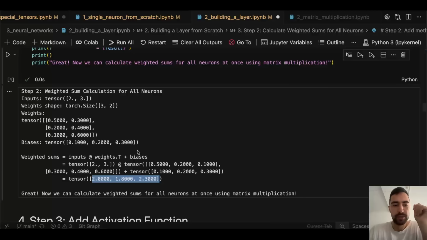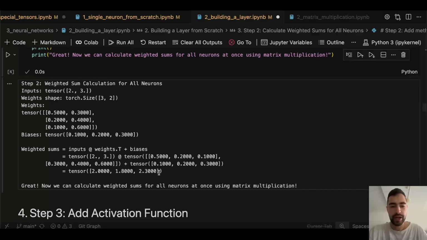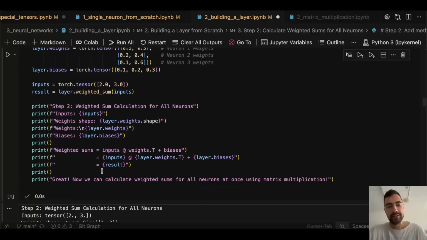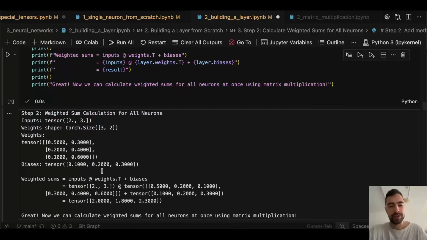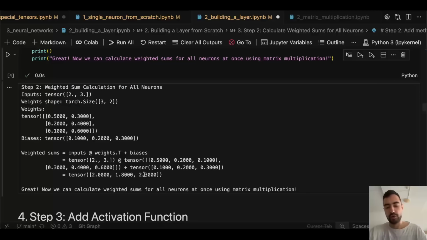You know, we are multiplying 1 times 2 matrix of inputs times 2 times 3 matrix of weights. So the result will be 1 times 3. So this is matrix multiplication. So you have these 3 neurons that you get as a result. So again, I recommend you try this out yourself, change some numbers, try to understand how this matrix multiplication works.